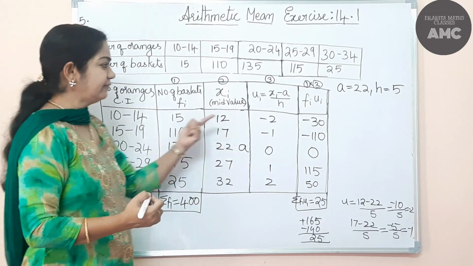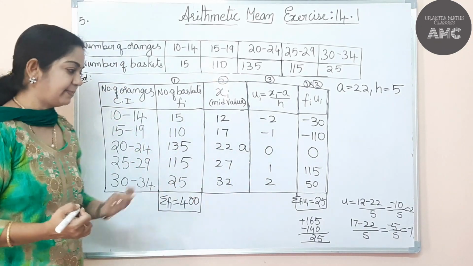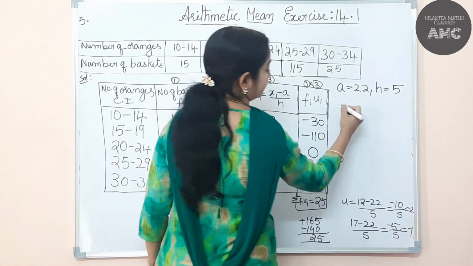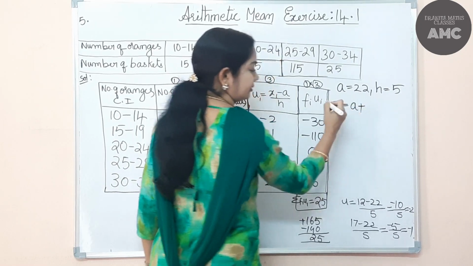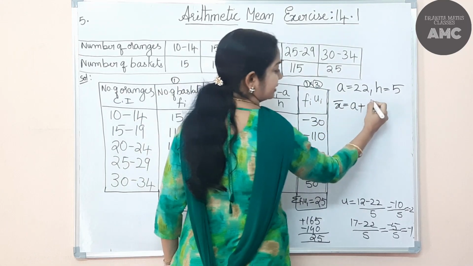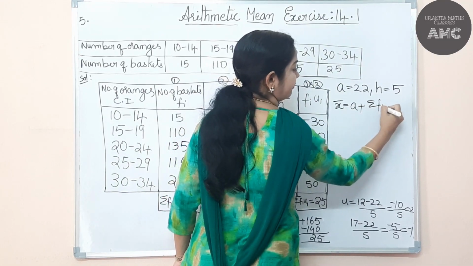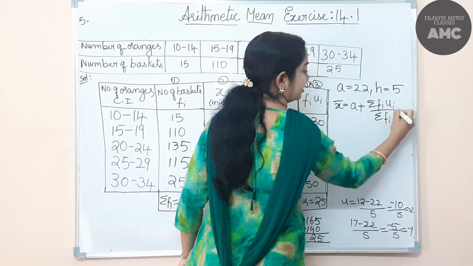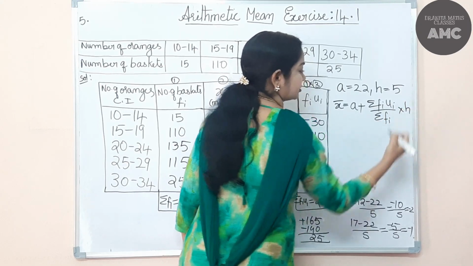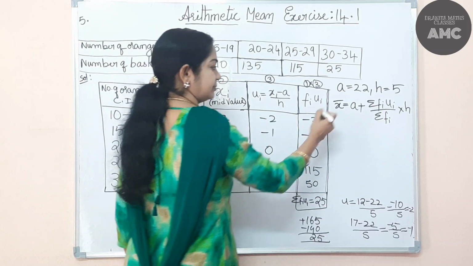Now, all the values we will substitute in the step deviation method. What is the formula of the step deviation method? x bar is equal to a plus, sigma fi ui by sigma fi, into h. This is in the bracket.